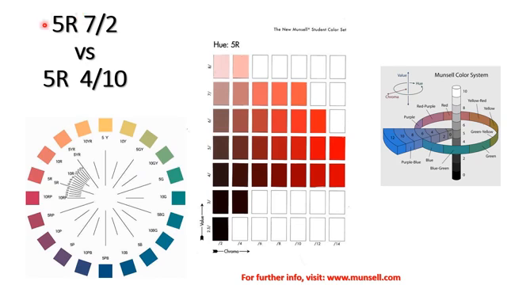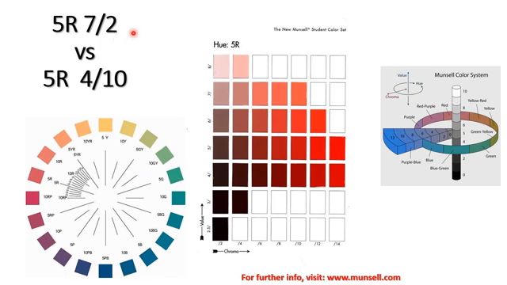So 5R is the hue or the color. 7 is the value. It's either lightness or darkness of the color. And 2 is the chroma. It's telling whether a color is weak or strong.